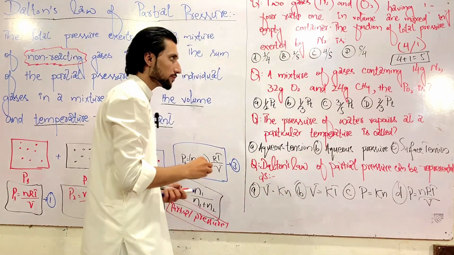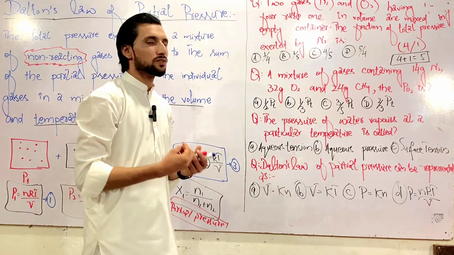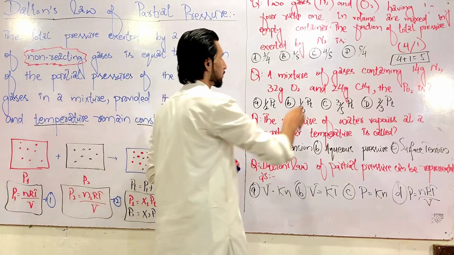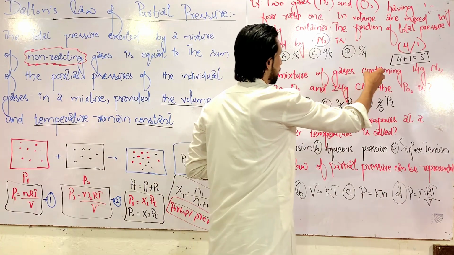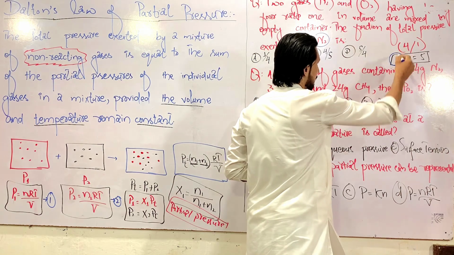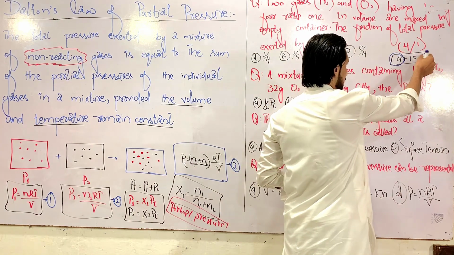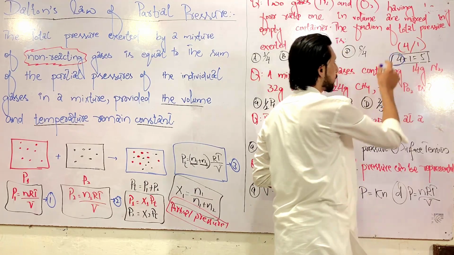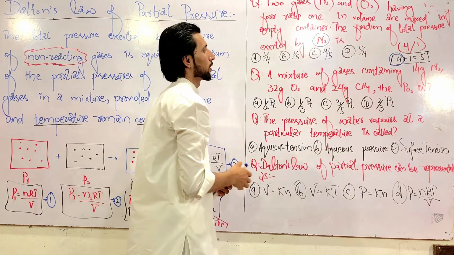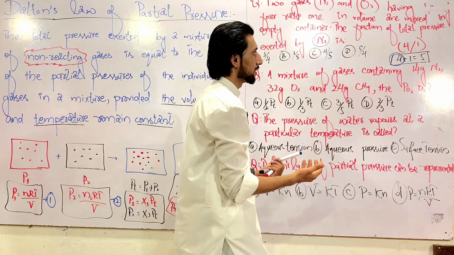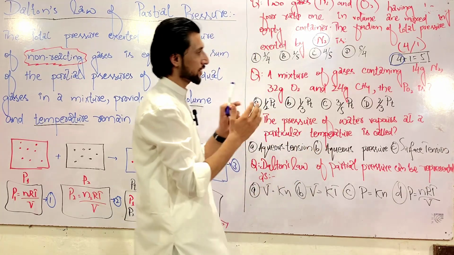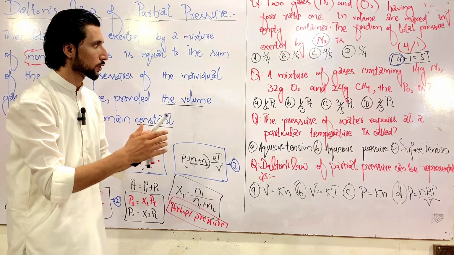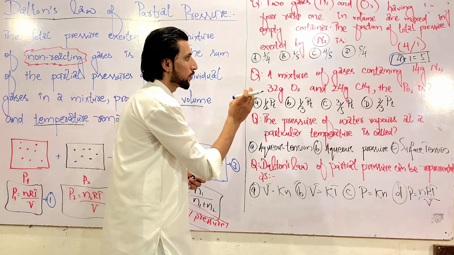In a total of 5 volumes, I have 4 volumes of nitrogen, so the fraction is 4 over 5.